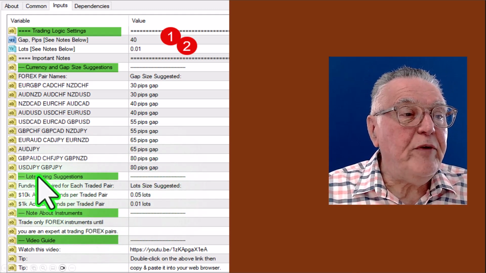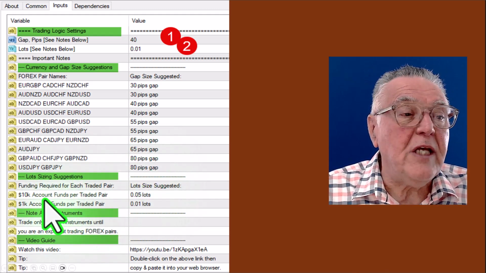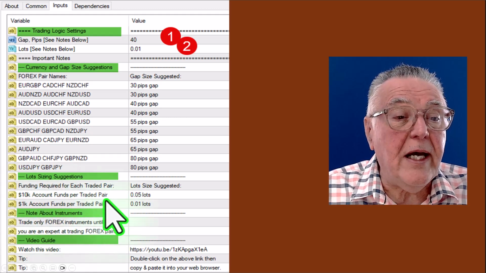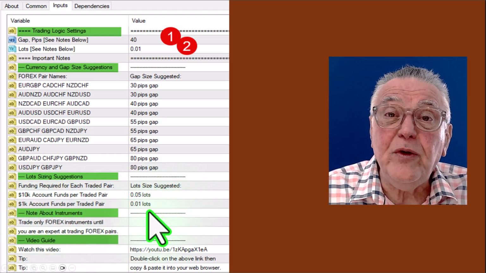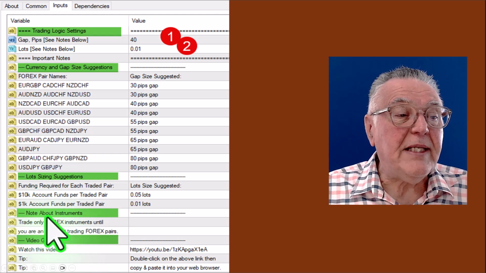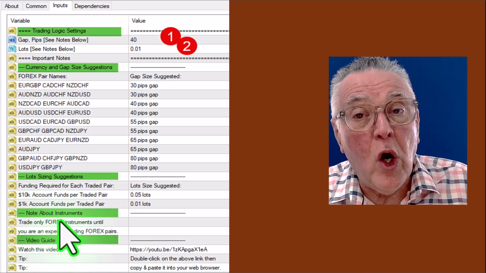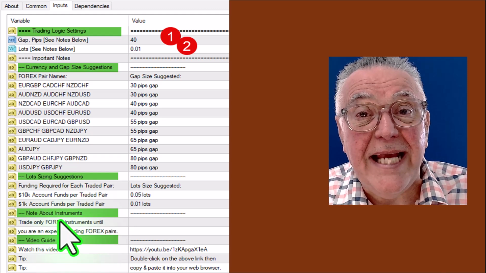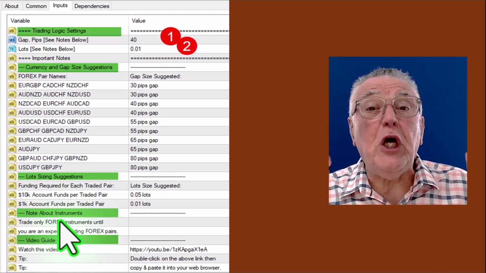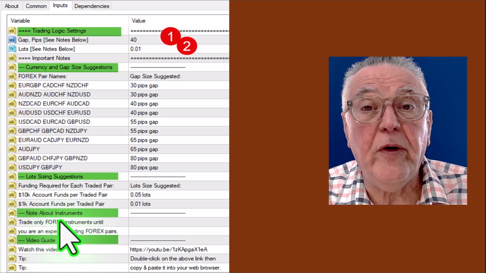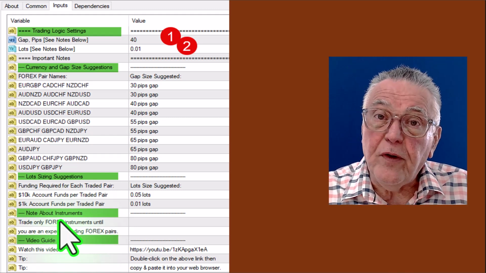Then we give you some lot sizing suggestions depending on the size of your account, what kind of lot sizing you need to use, and then we say please do not use this EA on non-Forex instruments yet. Until you are a total expert at trading Forex instruments, stick to Forex instruments.